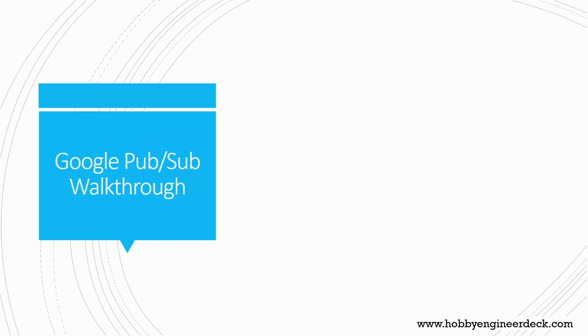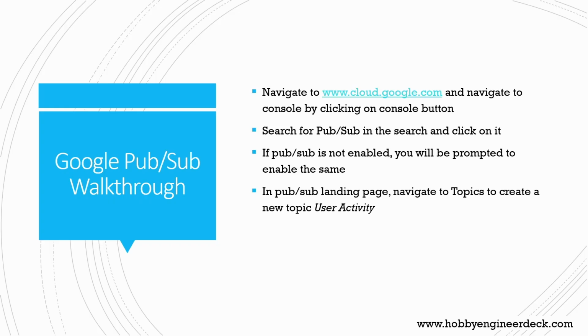Before we start this video, let us quickly recap what we did in our previous video. We completed the Google PubSub walkthrough. We created a topic and a sample subscription. We pushed a sample message to the topic, checked whether the subscription received it, and acknowledged the message as well.